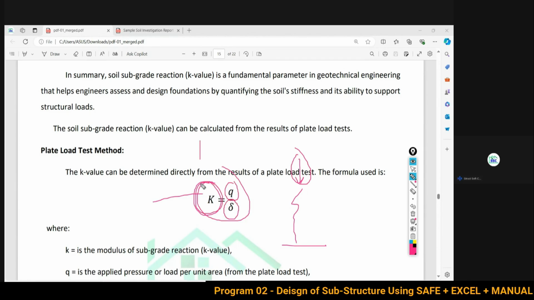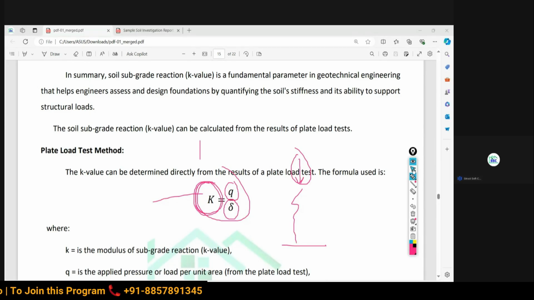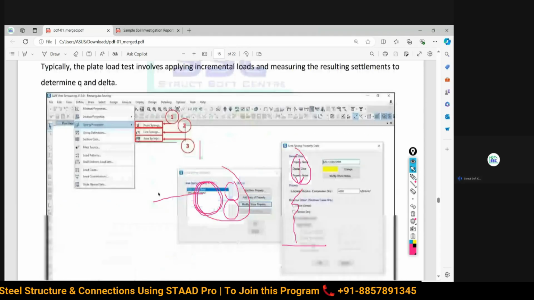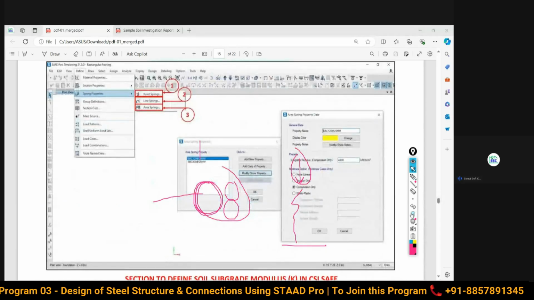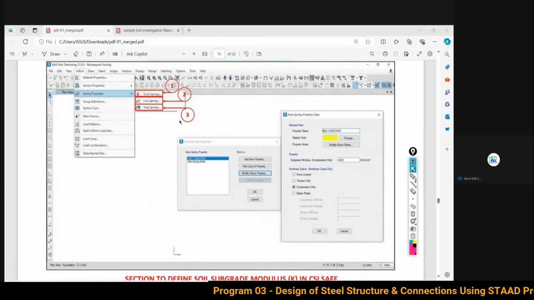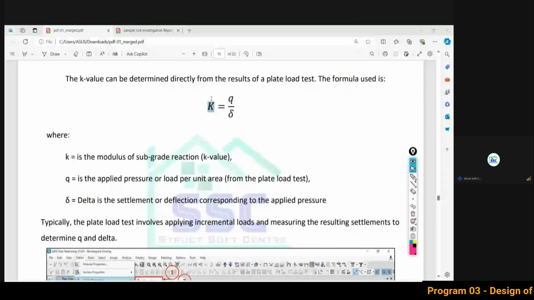By implementing this property, we are going to consider the soil behavior and soil response, because in actual we cannot model the soil. So for that reason we need to consider this K factor, the soil subgrade modulus. And when you practice in the CSI SAFE software, there we have to define this property as the soil subgrade modulus, which we are going to idealize for our proposed land.